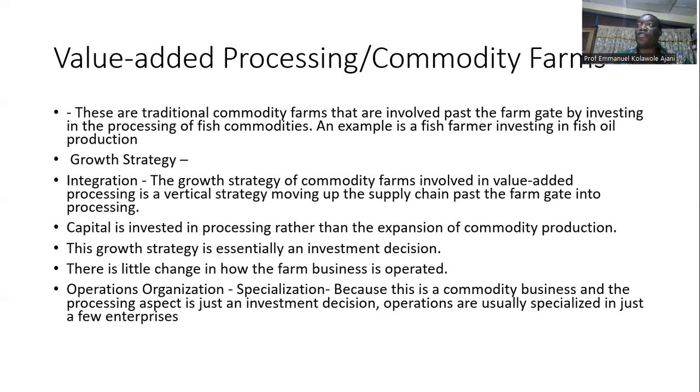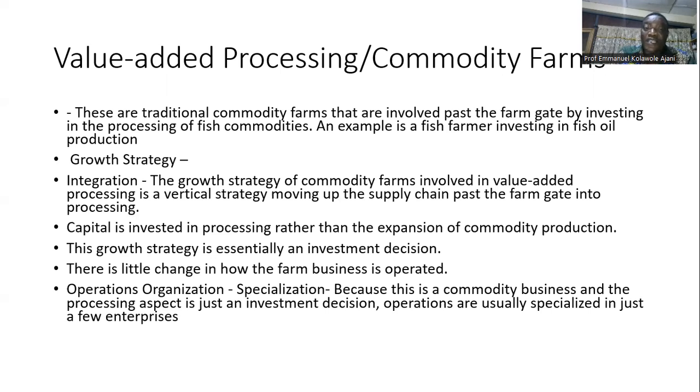Instead of selling their fish fresh, they go into processing. An example is a fish farmer investing in fish oil production. They process their fish. The growth strategy of this farmer is integration.